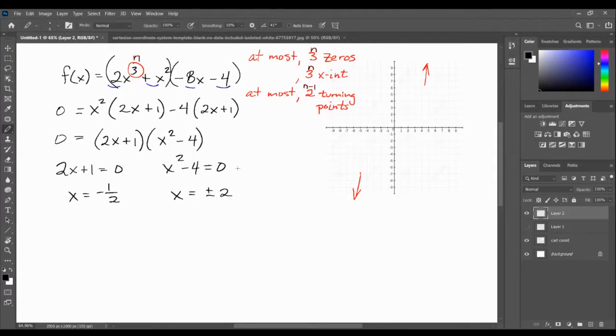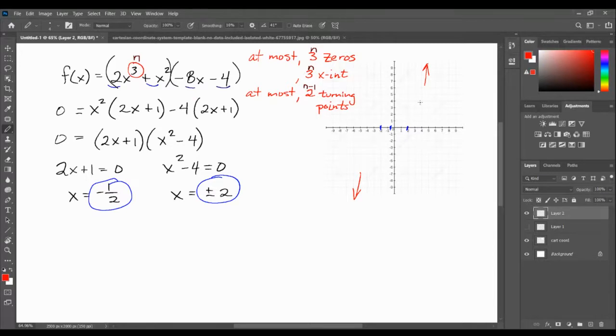We would bring the 4 over and take the square root. So there I've got the zeros. I've got negative 1/2, which is right there. I've got positive 2, I've got negative 2. So those are my 3 zeros. Well, these are the 3 zeros. These are the 3 x-intercepts.